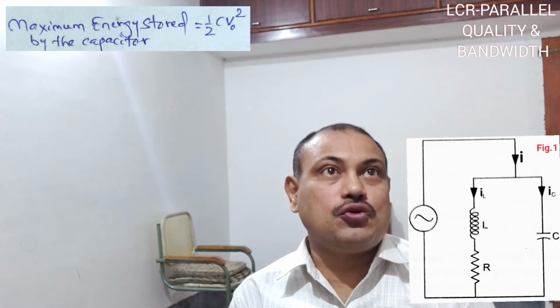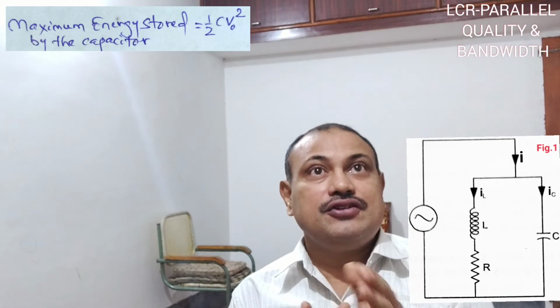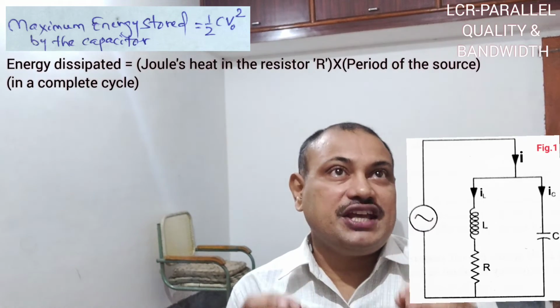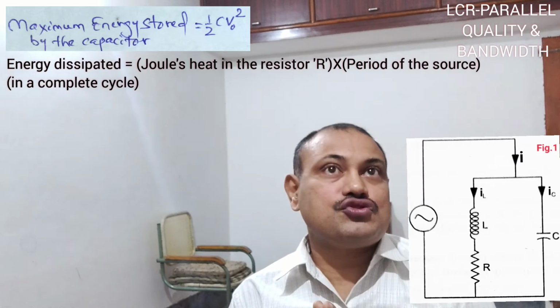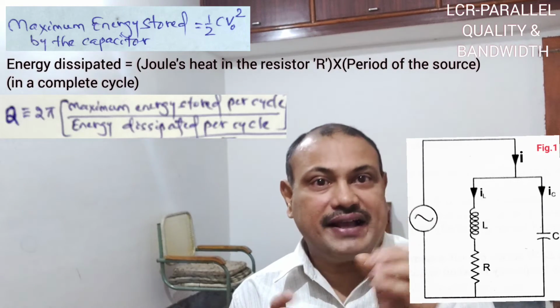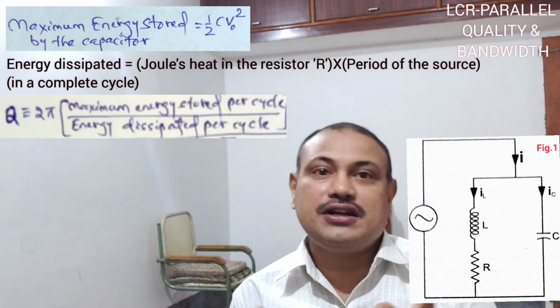Coming to quality and bandwidth, the maximum energy stored by the capacitor we have seen is half C V0 square. Energy dissipated in a complete cycle must be equal to the joule heat in the resistor times the period of the source. So the quality factor Q is equal to 2 pi times maximum energy stored per cycle divided by energy dissipated per cycle.